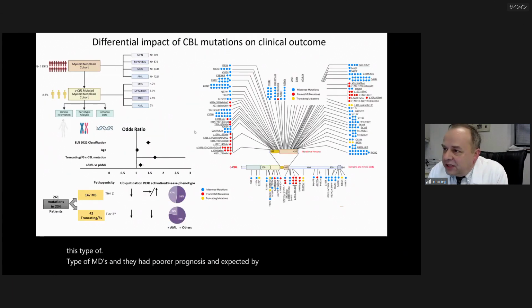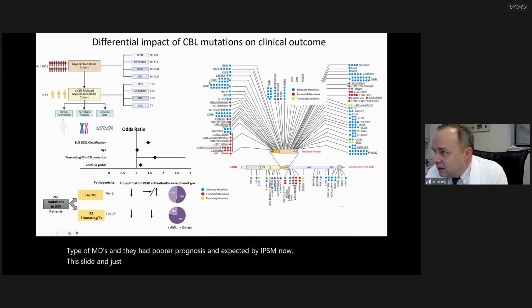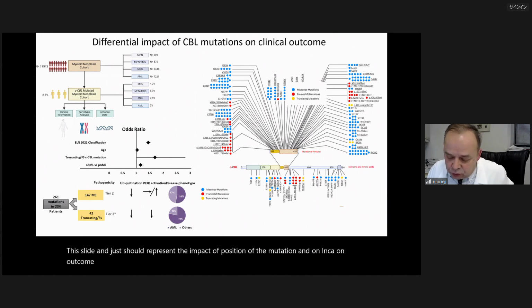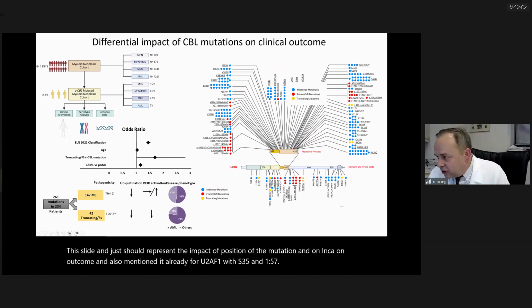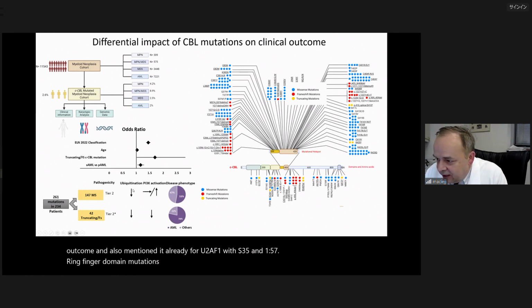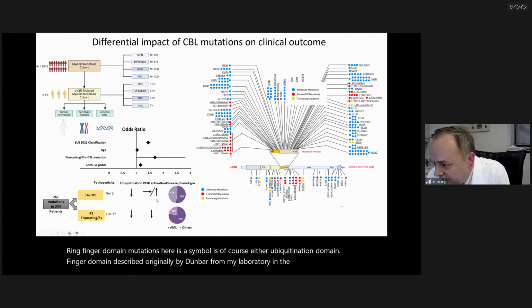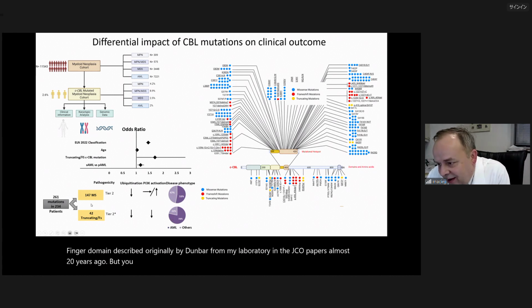Now, this slide should represent the impact of position of the mutation on outcome, and Elsa mentioned it already for U2AF1 with S34 and Q157 mutations. Here the symbol is of course either the ubiquitination domain, the RING finger domain, described originally by Dunbar from my laboratory in the JCO paper almost 20 years ago. But we find now also mutations that are truncating, and they don't have, of course, the PI3 activation domain.